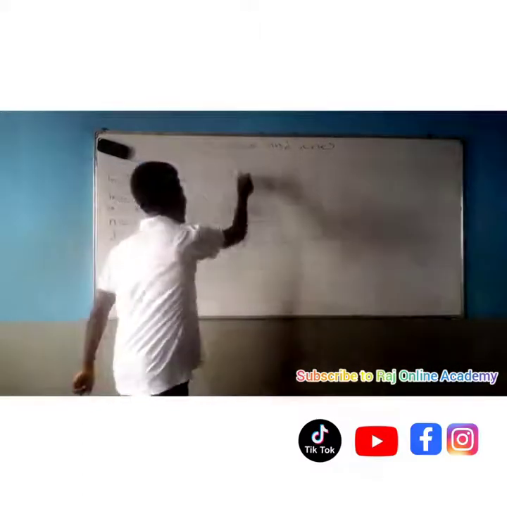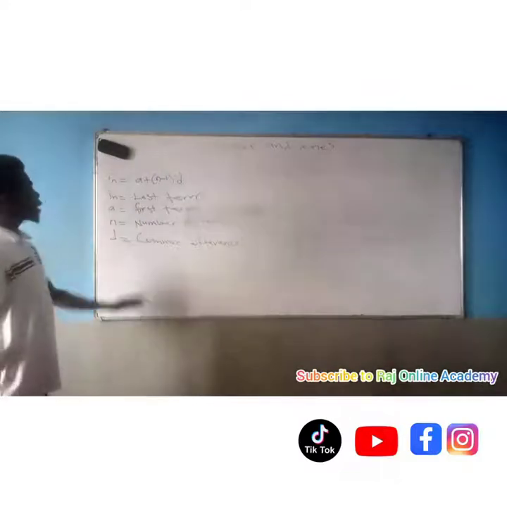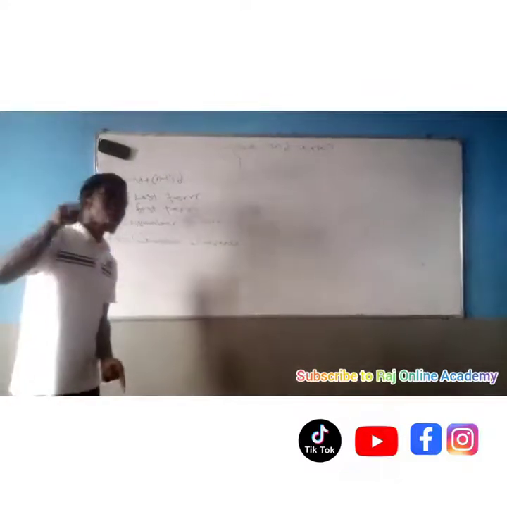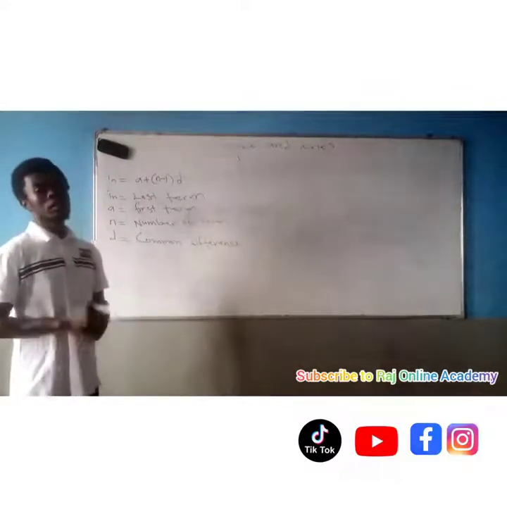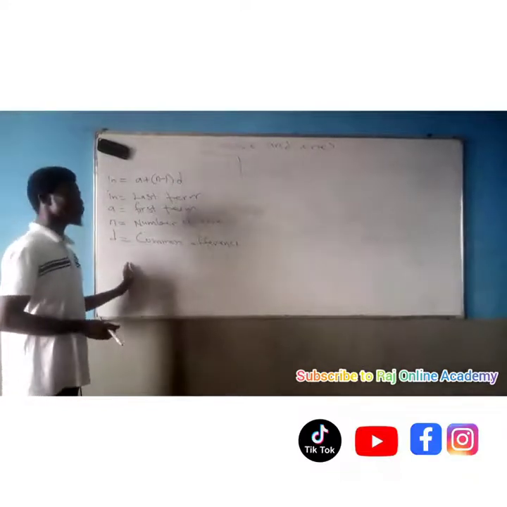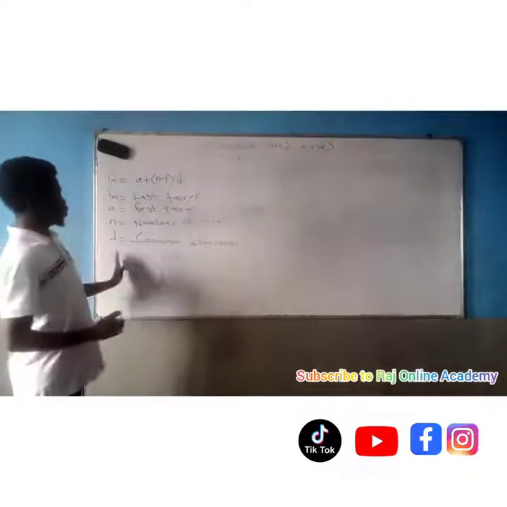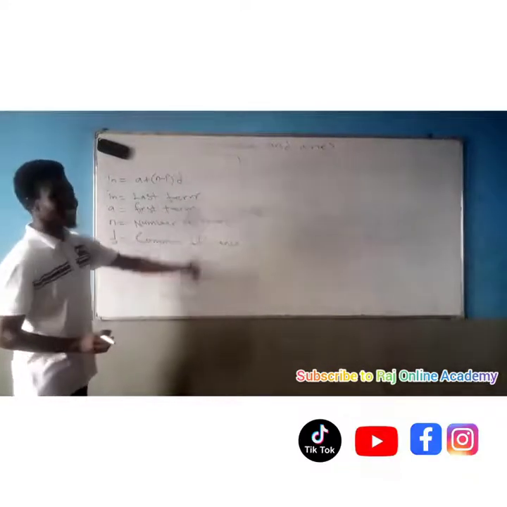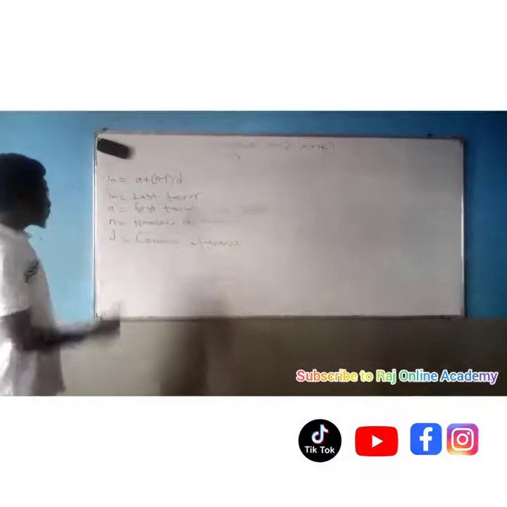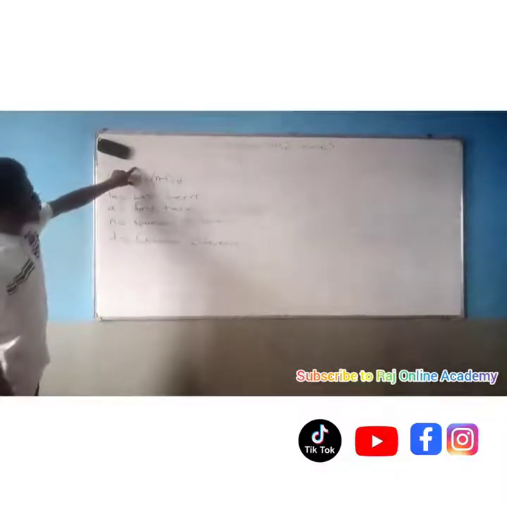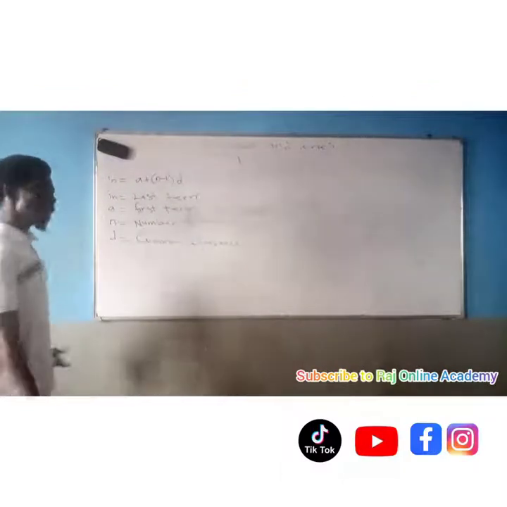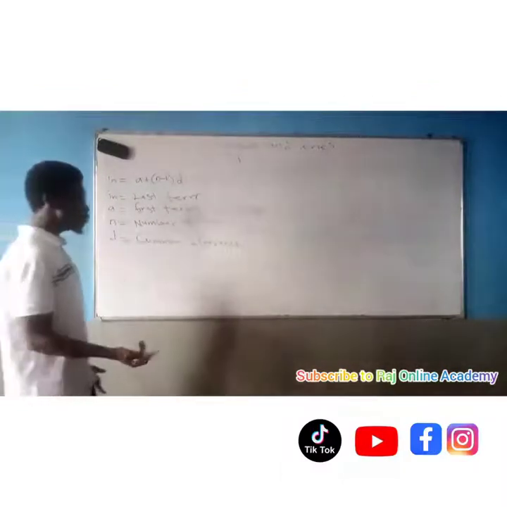But why do we say A is the first term? Let's prove something here. Since we have the formula, we say A is the first term, even though I am going to give you other formulas that we are going to use to solve problems for the nth term of the linear sequence. Why do we say A is the first term? What is the first term here?